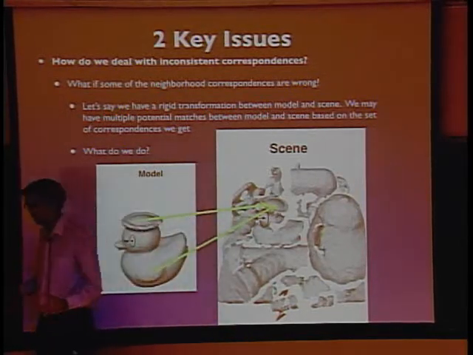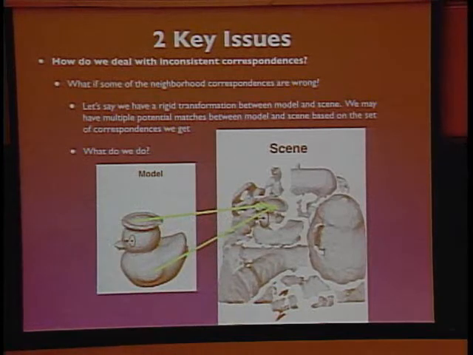So you have to resolve them. In other words, you have to partition them into groups of correspondences that collectively make sense. Because if you just take all of them and try to calculate a transformation between the model and the scene that satisfies all of them, you won't be able to. So how to deal with these inconsistencies amongst correspondences?